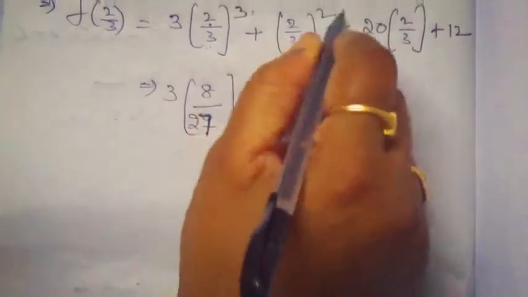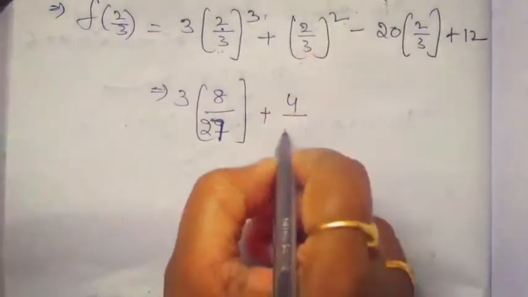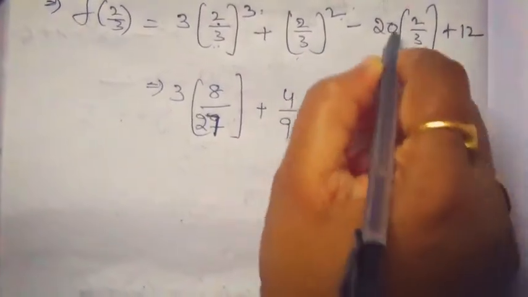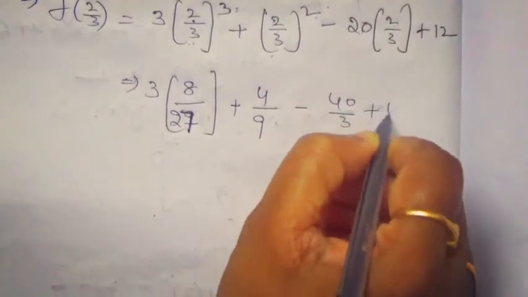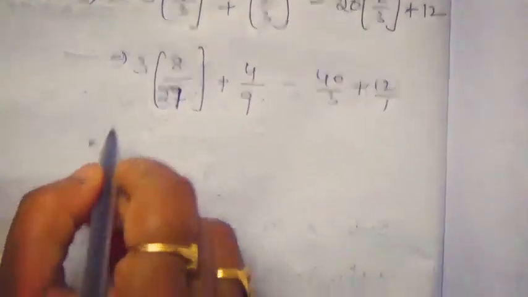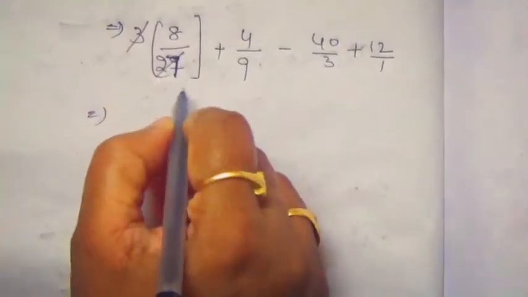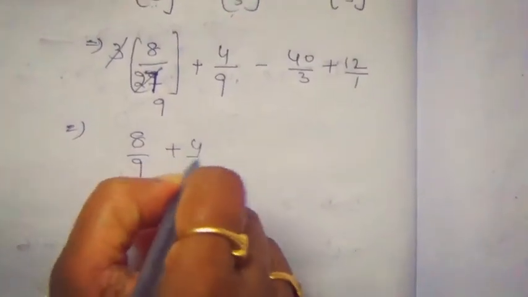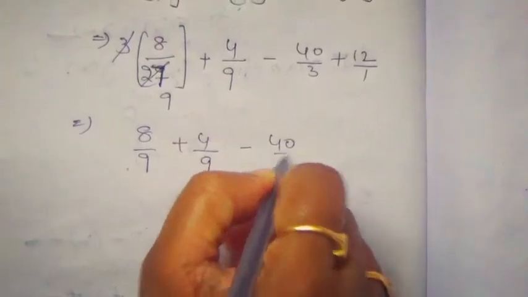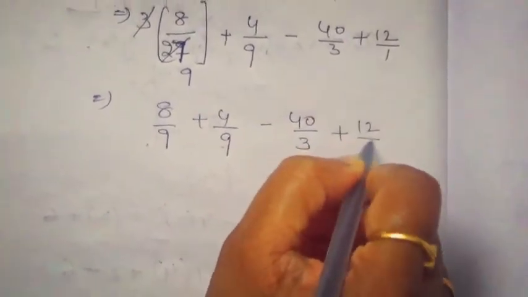So plus 2 square means 4 by 3 square means 9. Minus 20 into 2, 40 by 3 plus 12 by 1. That implies 3 has to cancel 9 times: 8 by 9 plus 4 by 9 minus 40 by 3 plus 12 by 1.